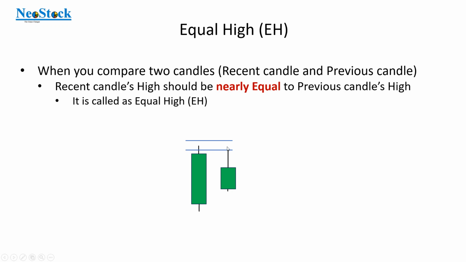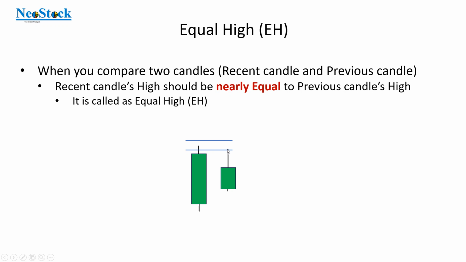Because of this small difference, you cannot say the present candle's high is less than the previous candle high. Of course, it looks like it is less than the previous candle only. But this narrow difference cannot change the trend.